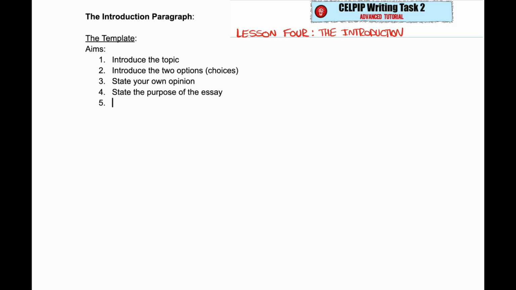Now, there's also an optional thing you can do in the introduction, and that's previewing the main ideas. It's like announcing in advance what your reasons are going to be, what the main ideas of each of the body paragraphs are going to be. Now, while it's certainly possible to do so, I do not recommend this.